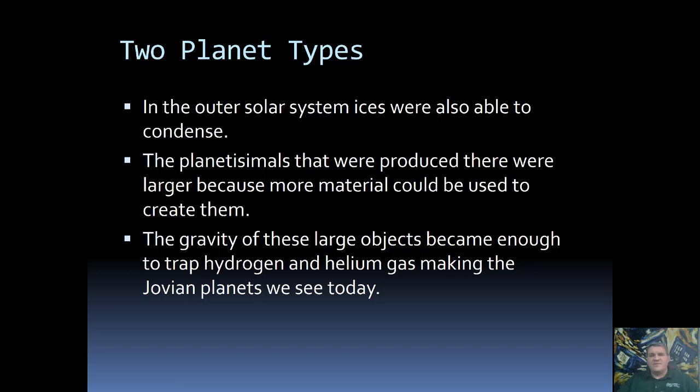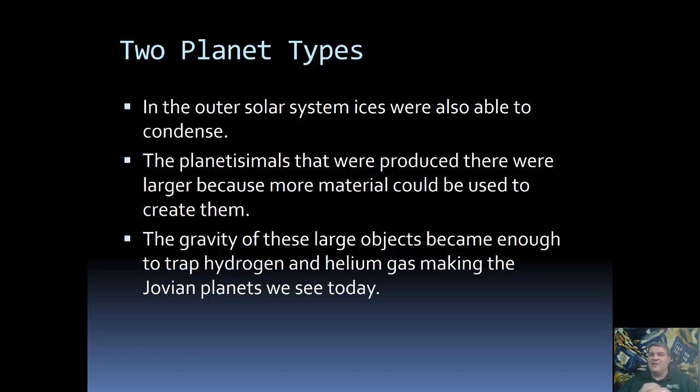So in the outer solar system, we get rock and metal as well as ices, which means we now have more stuff that we can use to make planets. And if there's more stuff to make planets, that means the planets are going to get bigger. So in this process of accretion, we expect to form this rocky, icy core. But it gains so much mass that it's actually able to start drawing in hydrogen and helium gas.